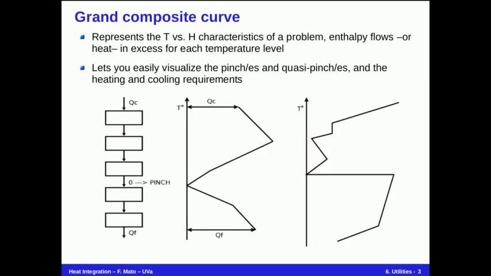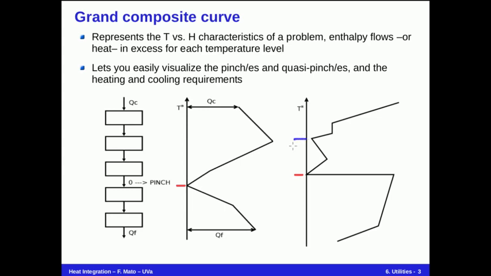So the grand composite curve represents the temperature versus heat characteristic of the problem, the enthalpy flow in excess for each temperature level. In particular, it lets us visualize easily the pinches and quasi-pinches.